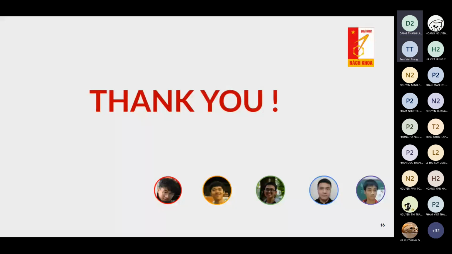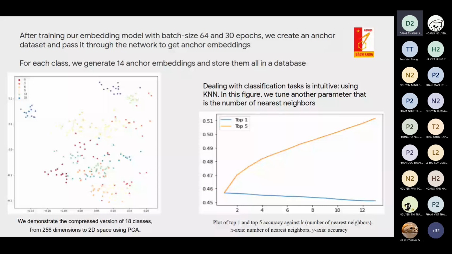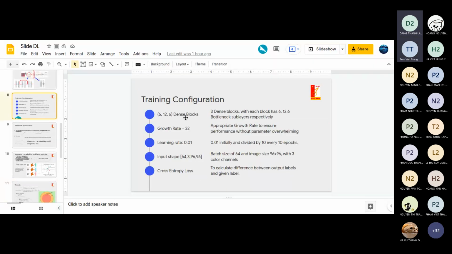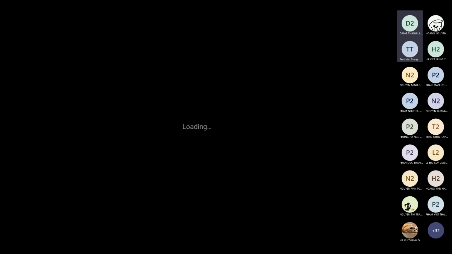Okay, thank you. I have two questions to clarify my understanding of the work of the group. Can you go back to slide number 8? Can you explain again what the growth rate is in this training configuration?